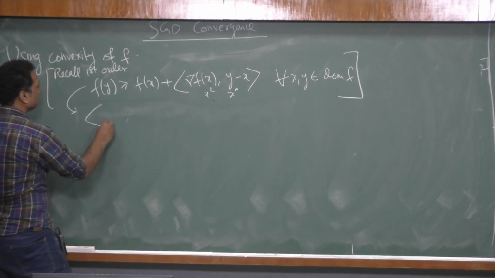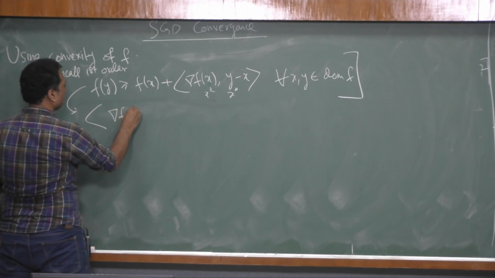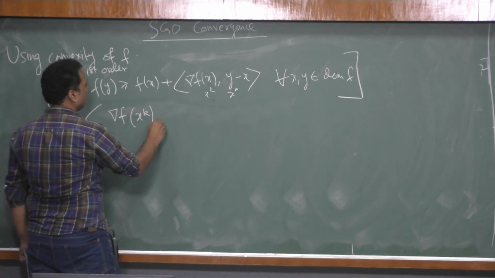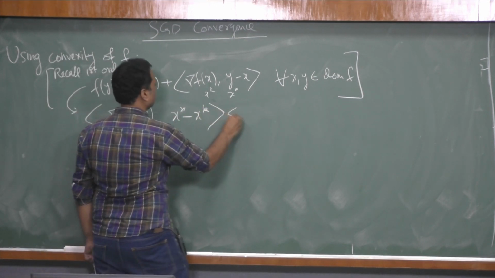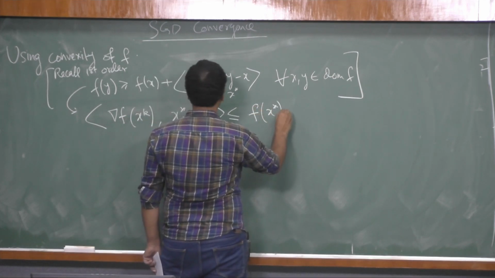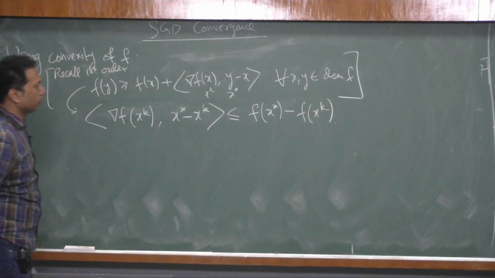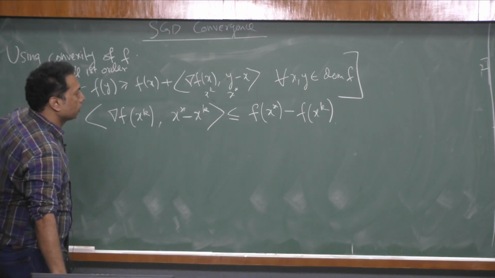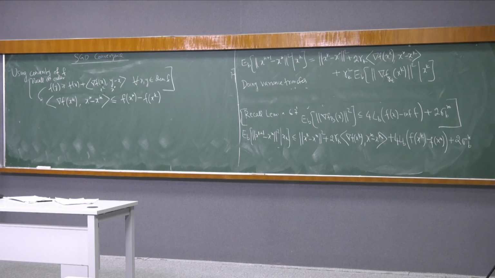I'm just wasting your time. So this is grad f(xk) times (x star minus xk), already less than or equal to f(x star) minus f(xk). These stars and k's sometimes are not very clear from a distance. So we just substitute this and continue from there.